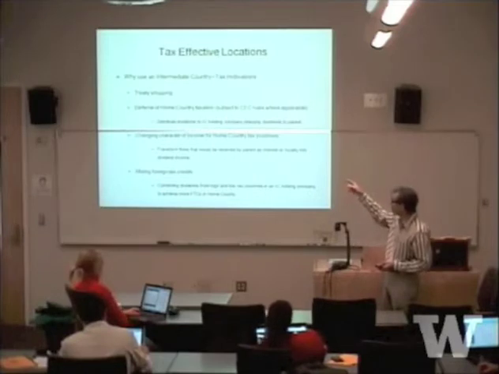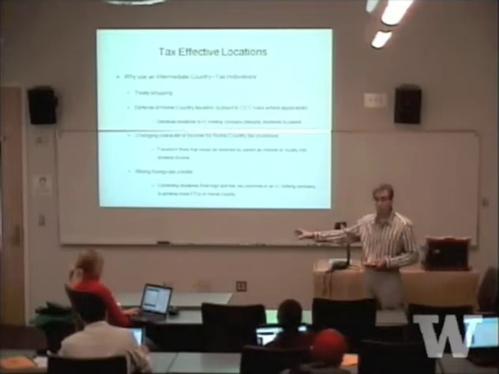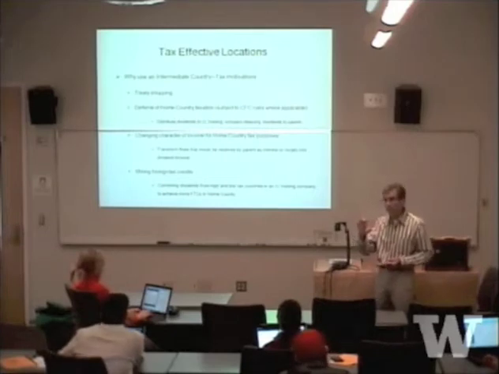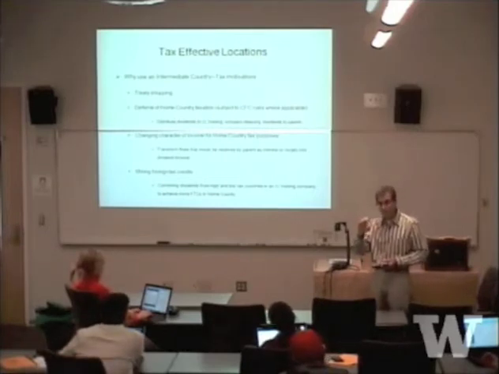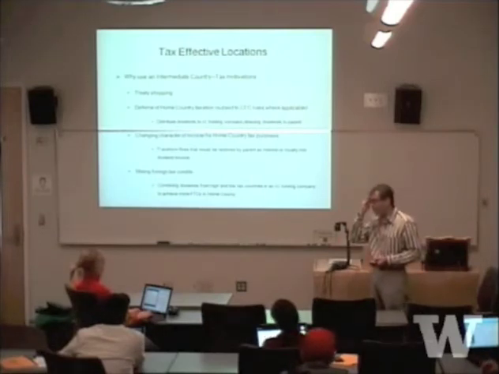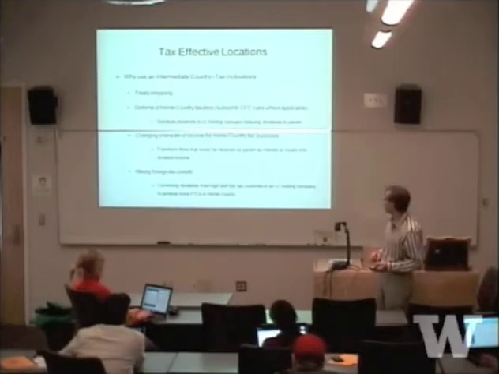And notice, treaty shopping is focusing on a benefit of the source or host country, whereas deferral of home country taxation is using an intermediary company to reduce or at least defer home country taxation. So the objective is different, but the use is still there.